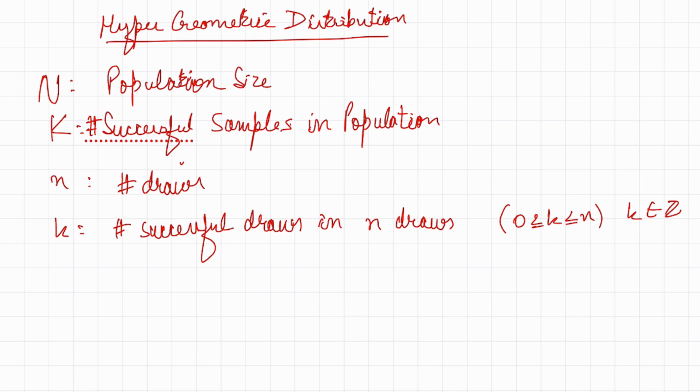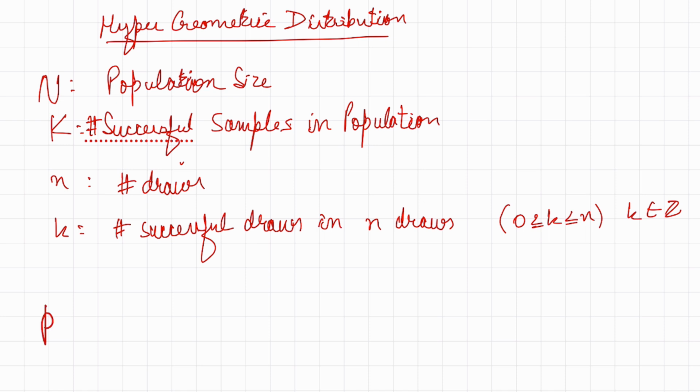What we want to find is the probability that if we take n draws, n items from this population, we get k successful items. So how do we compute this? This is given by a hypergeometric distribution, and it's fairly simple if you understand fundamental concepts about combinations.